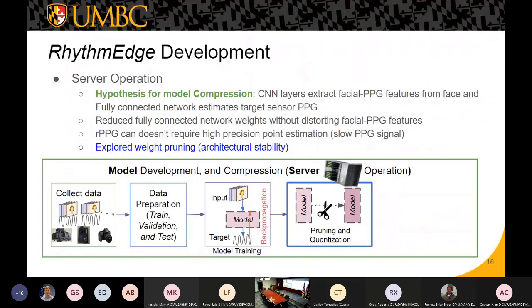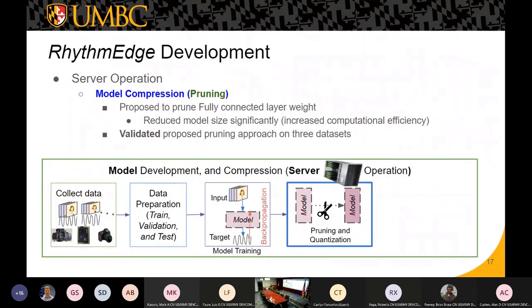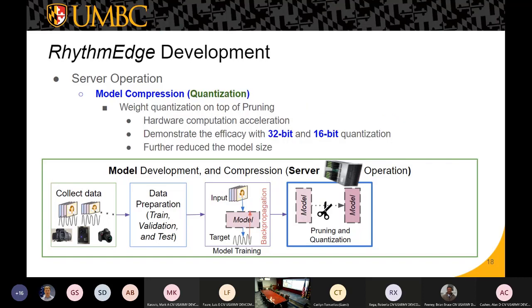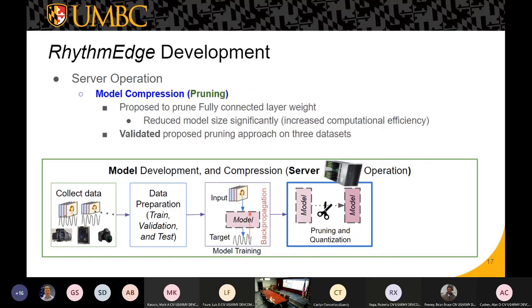So we used model pruning to drop some of the unrequired weights to help the model generalize on low-computation devices. We pruned the model, and of course we validated this approach on our public, open dataset.